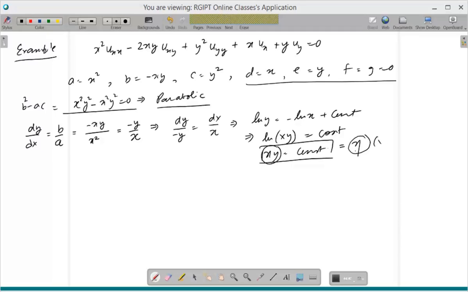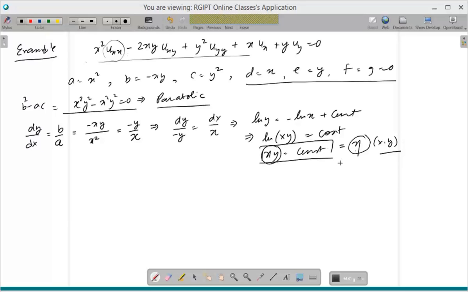Eta as a function of xy has been identified, and along these curves I should be able to reduce this equation to a canonical form where only u zeta zeta or u eta eta appears, nothing else. No other second derivative will appear. So let's try that.